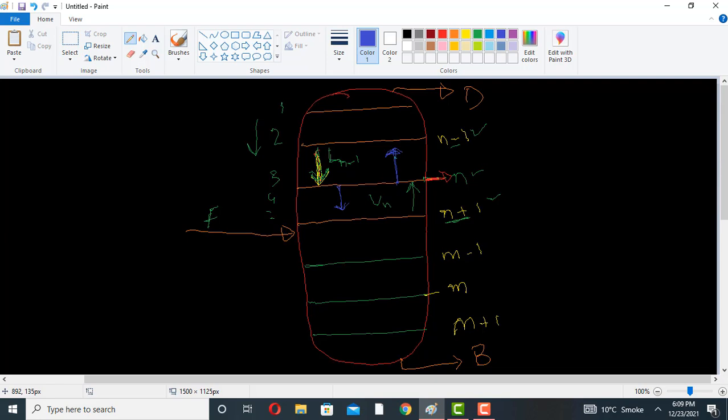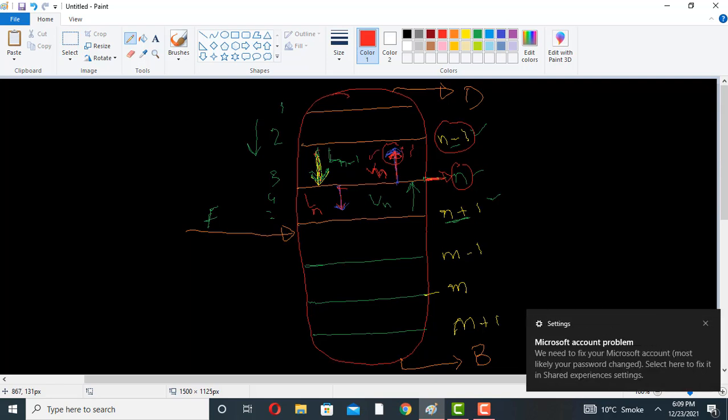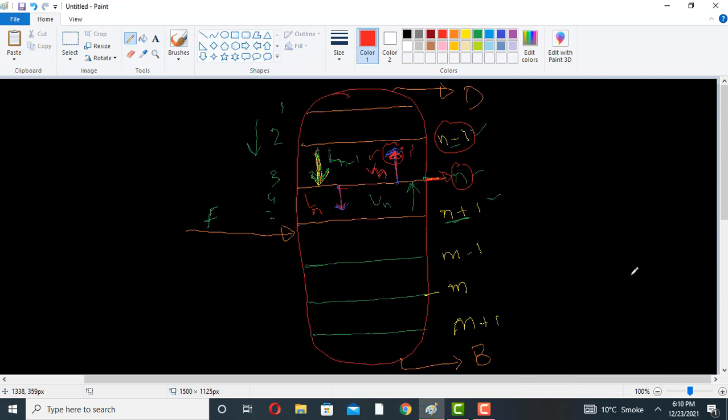So the molar flow rate of this liquid stream will be written as Ln, and the molar flow rate of the vapor going from plate number N to plate number N minus 1 will be Vn.